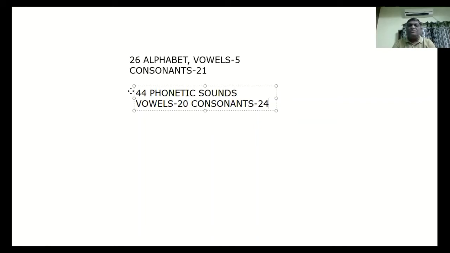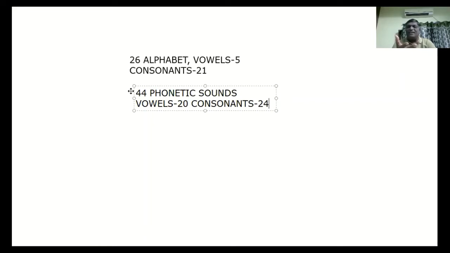For example, we have only the alphabet A. But what about the different sounds it makes? Which alphabet does this sound come under?